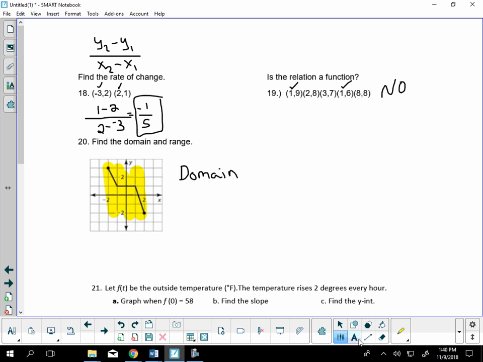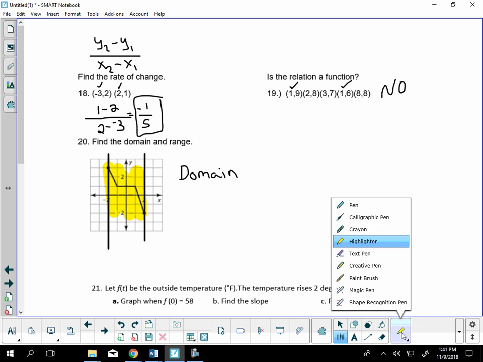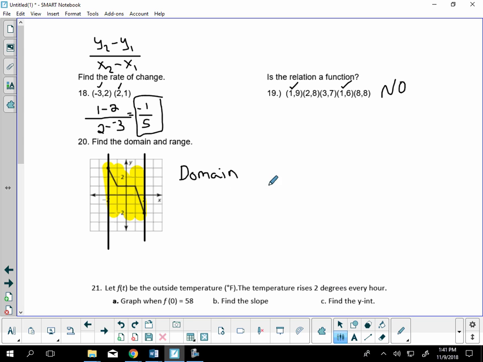And I'm looking at those x values. So that's where the graph ends. That's where it begins. So the way I would write that down is my lowest value is negative 2. It includes it. X is happening in the middle. And my highest value is 2.